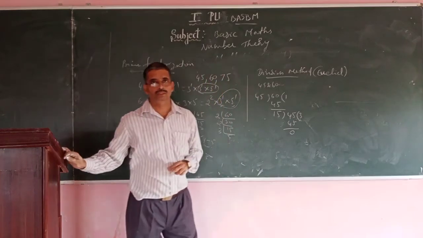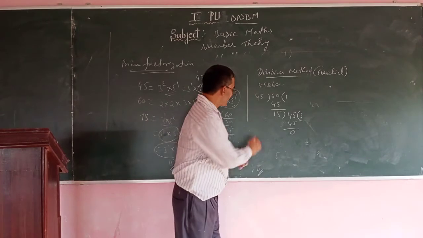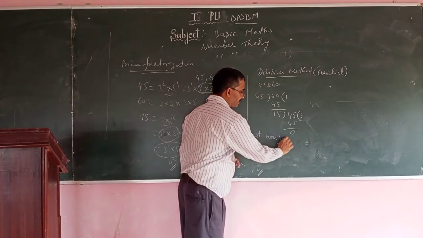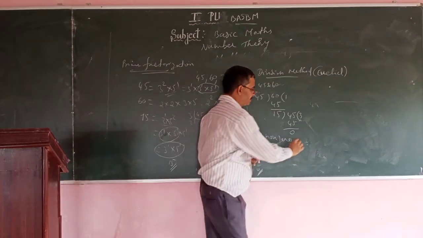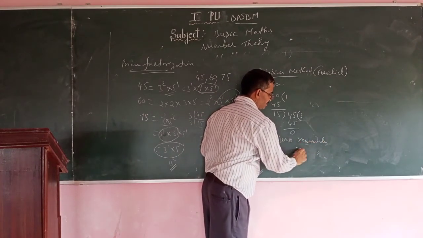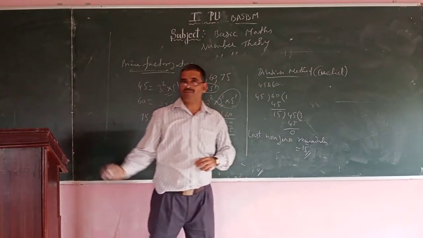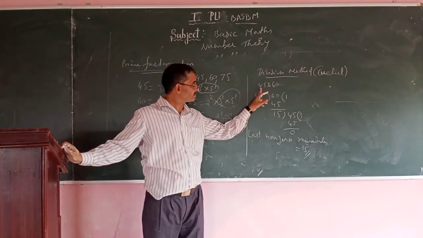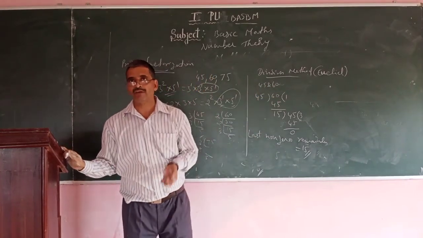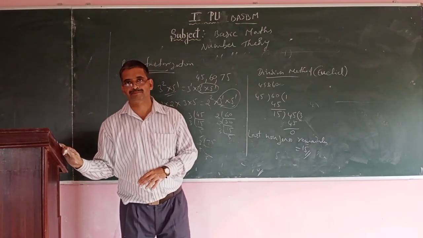So the GCD in this method is the last non-zero remainder. So what is the non-zero remainder here? It is 15. So GCD of 45 and 60 is 15. Remember.